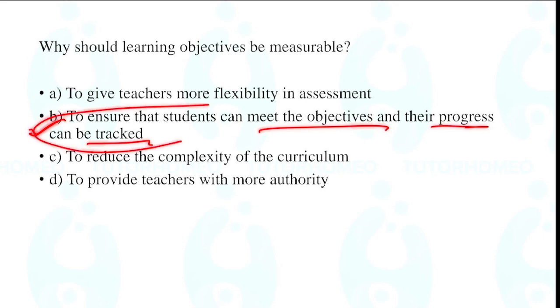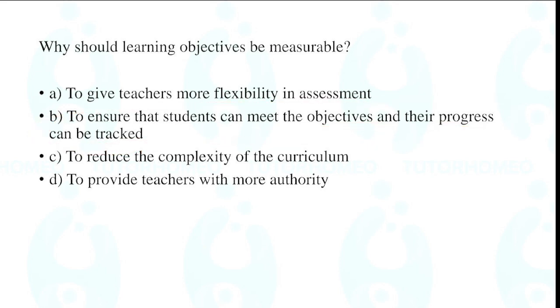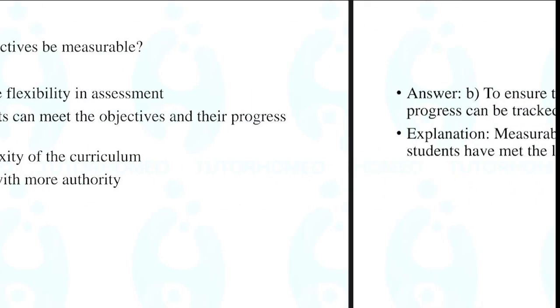That is the reason we need a measurable learning objective. Not because it is more flexible, not to reduce the complexity of the curriculum, and not to provide the teachers more authority, but to ensure that the student can meet the objectives and their progress can be tracked. Let us see the next question.